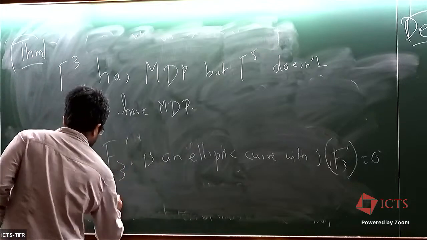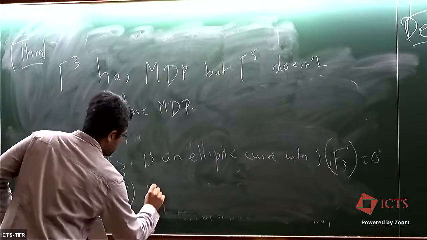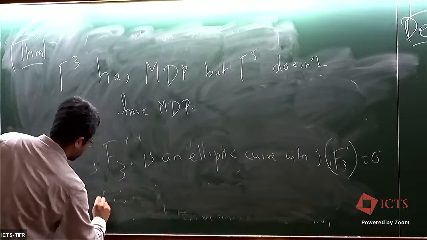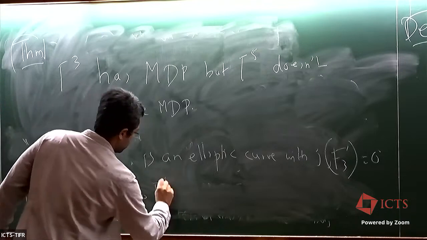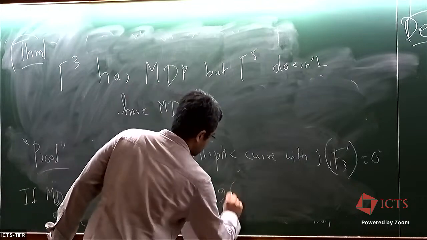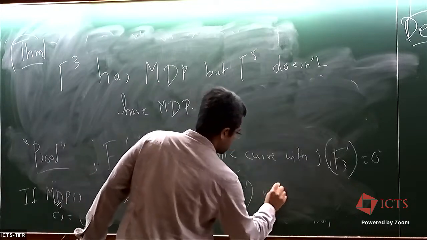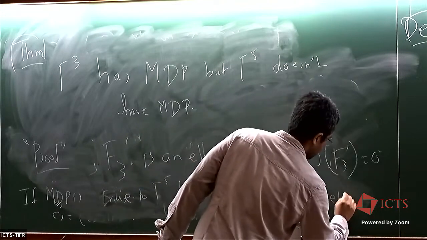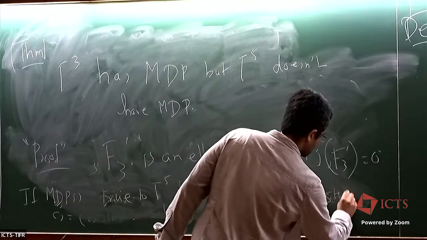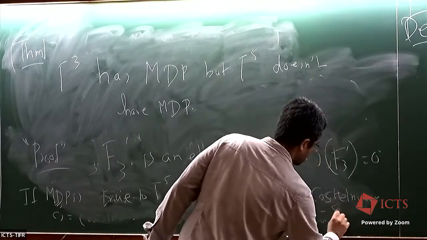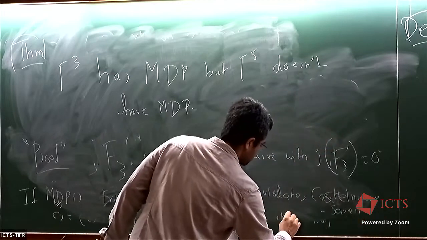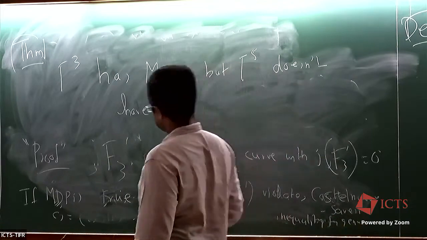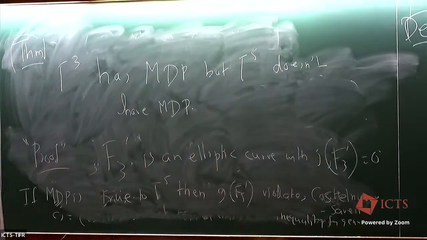So if the genus of F prime violates, if the property is true for phi, then which is definitely not true. So if phi prime does not have Manin-Drinfeld.